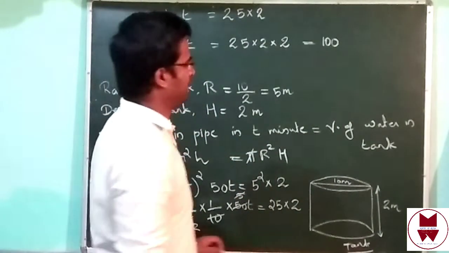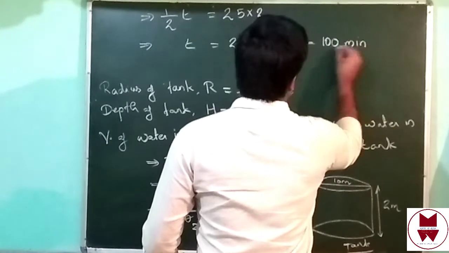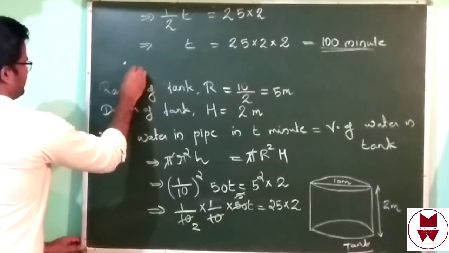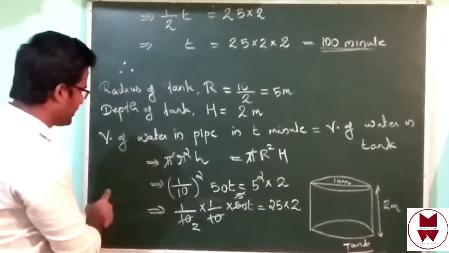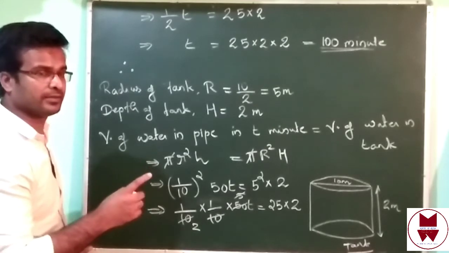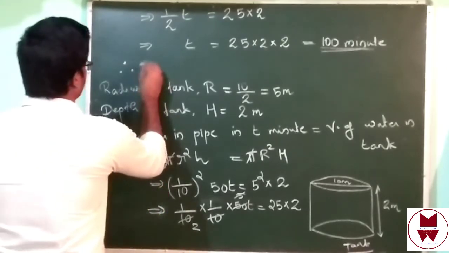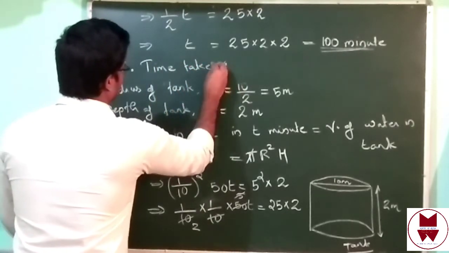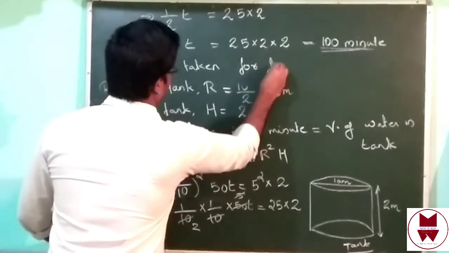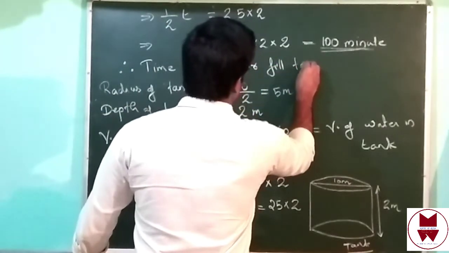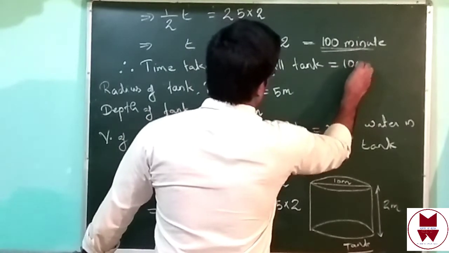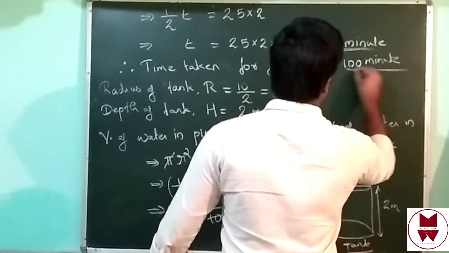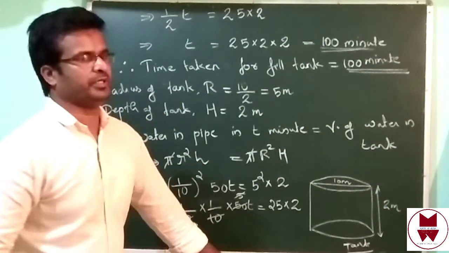T means time, and the unit is minute, 100 minutes. Therefore, what is t? T is the time taken to fill the tank, isn't it? We can write, therefore, time taken to fill the tank equals 100 minutes. That will be our answer.